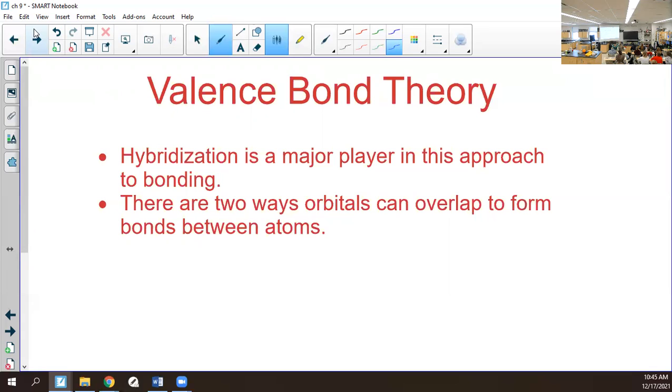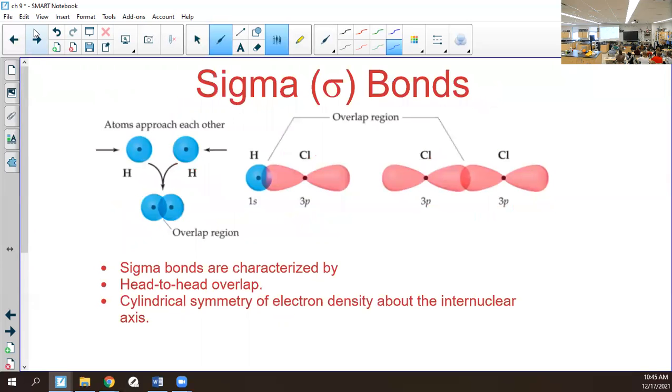There are 2 ways orbitals can overlap to form bonds between atoms. They are called sigma and pi.